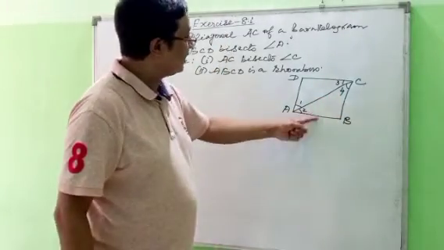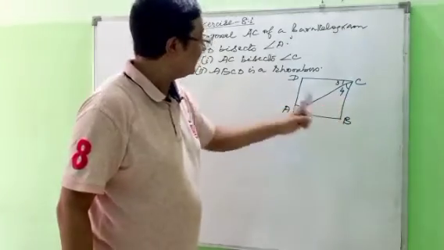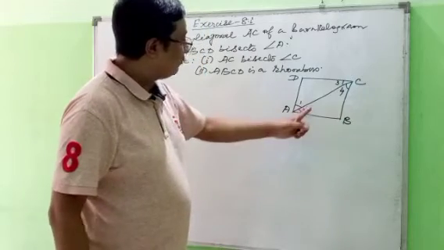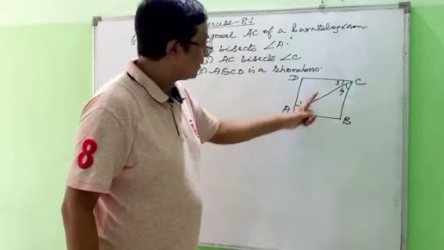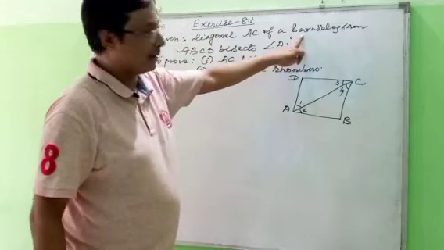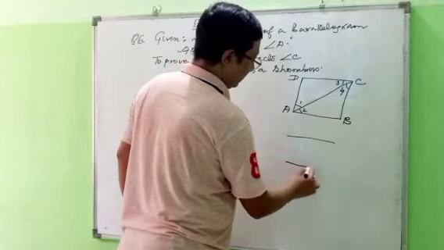One is by making the triangles congruent, taking triangle ABC and triangle ADC. Or else you can do it in a shortcut way, because the given figure ABCD is a parallelogram, which means DC is parallel to AB.